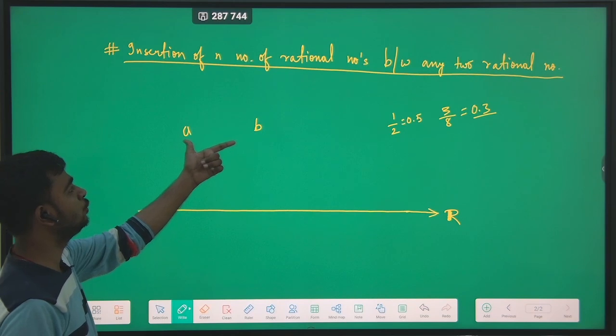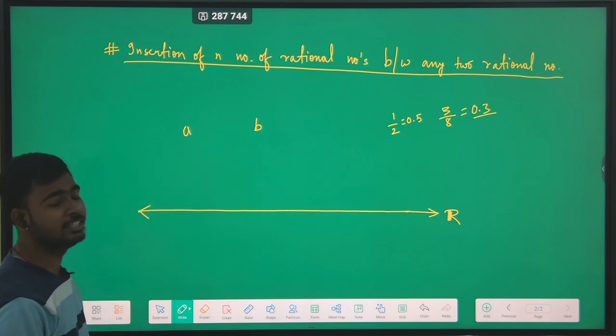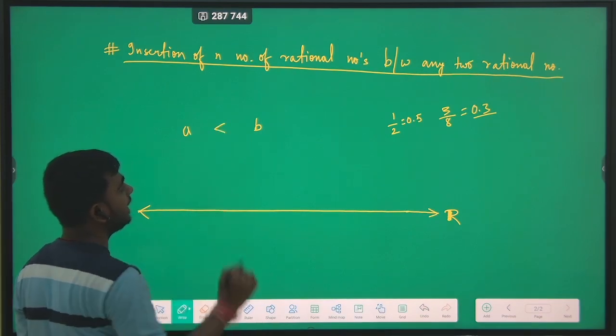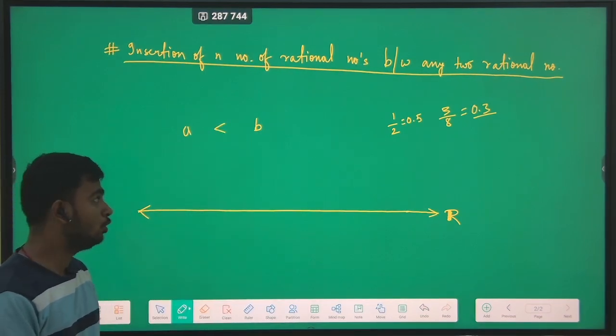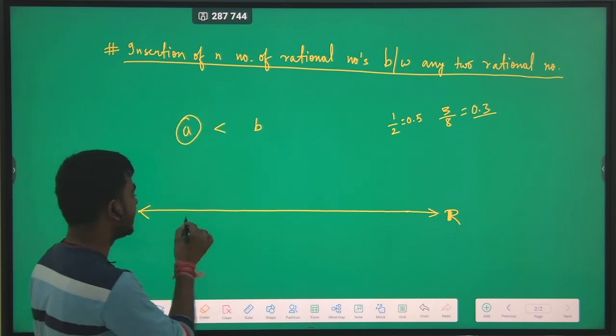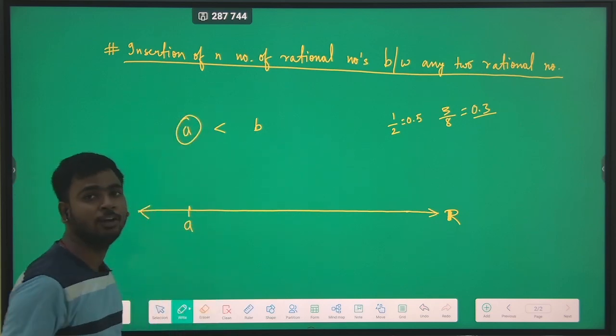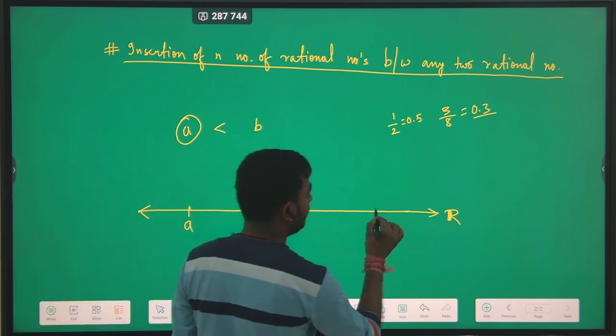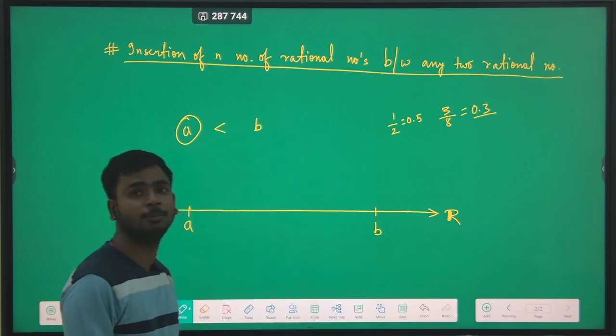Similarly, we have to assume for arbitrary cases which one is smaller and which one is greater. Let us assume that A is less than B. So the lesser part, which is A, will always be on the left side of the number line, and B will always be on the right side of the number line.